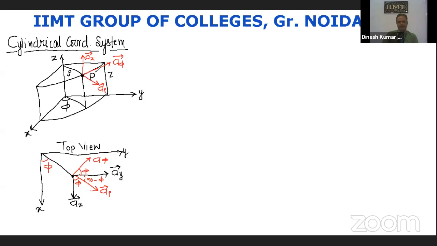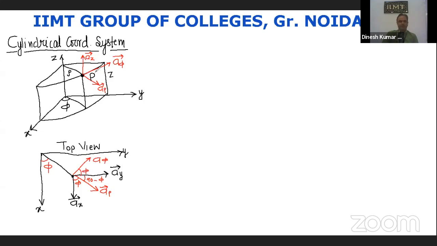The third variable is z, which is measured from the xy plane and represents the height of the point. So if point P has coordinates rho, phi, and z, then z represents the height, rho represents the radius measured from the z-axis, and phi represents the angle made by the vertical plane on which P lies, measured from the xz plane.